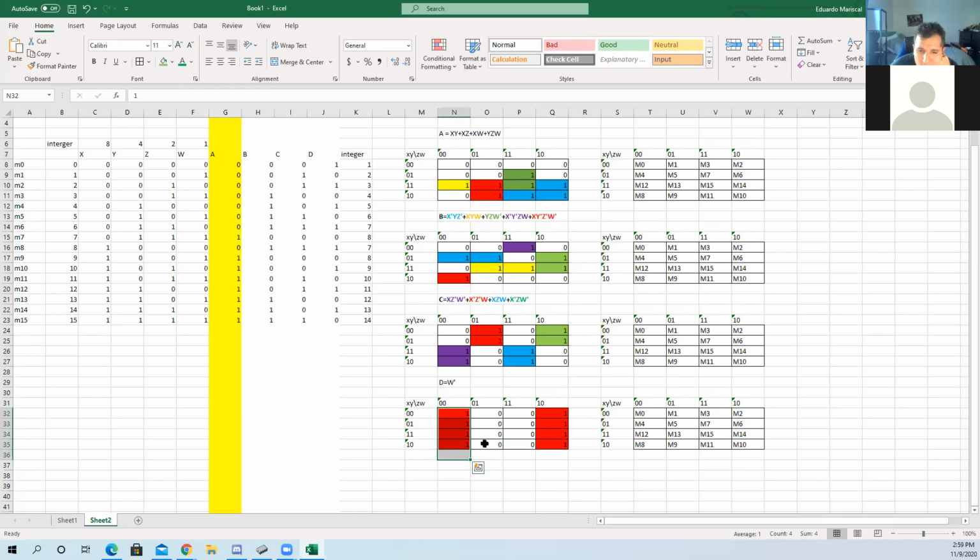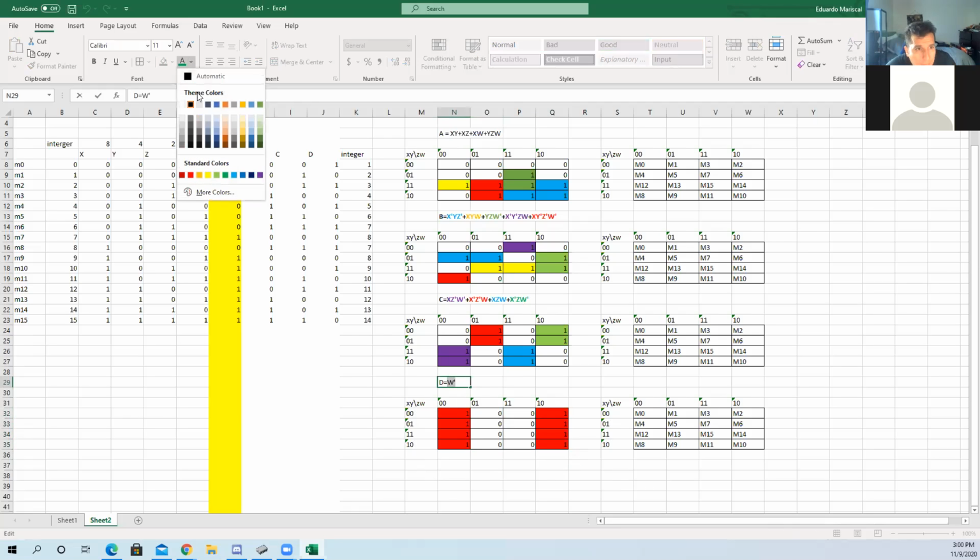So I can connect those 4 together with these 4, and that's going to be 8. You can only group in powers of 2. And here that will be red.